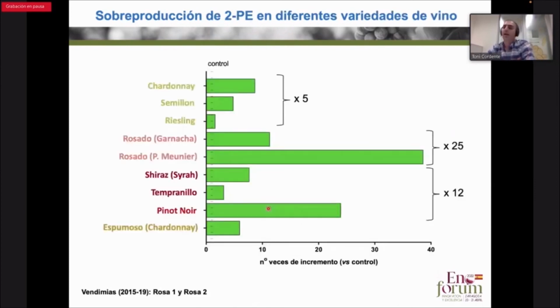This graph summarizes the production of 2-PE by Rosa 1 and Rosa 2 in the different vinifications over 5 harvests.